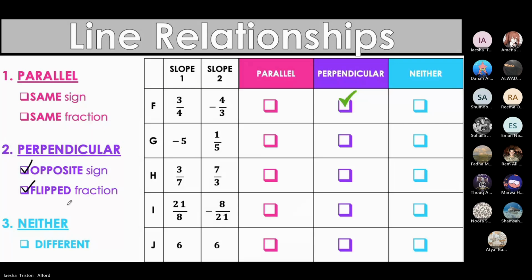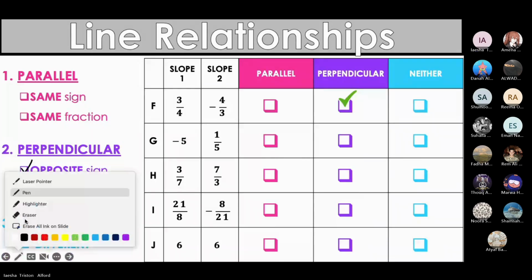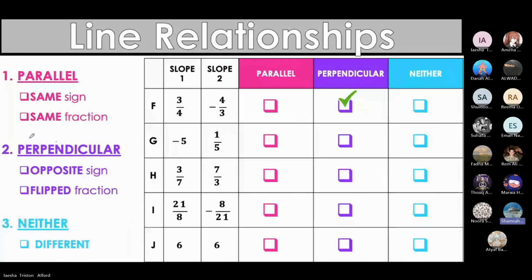Or G, same sign or opposite sign? Opposite sign. Is -5 a fraction? No. How do you make it a fraction? It's over +1. Now, do you have flipped fraction? Yes. Name?